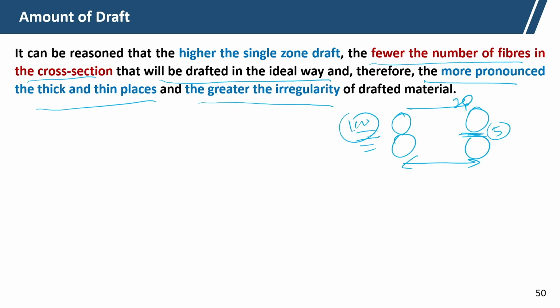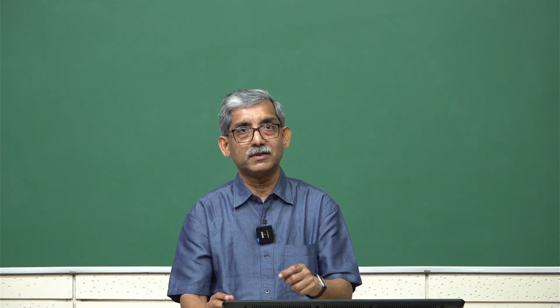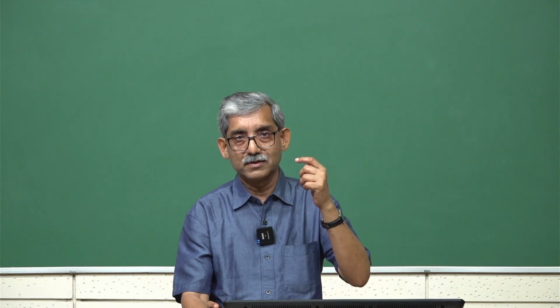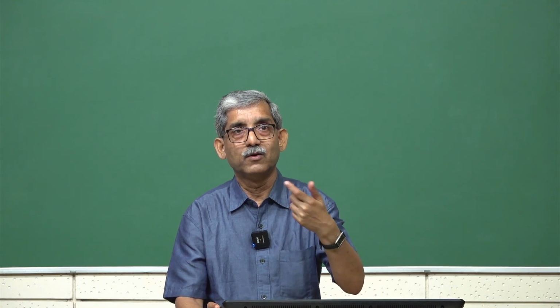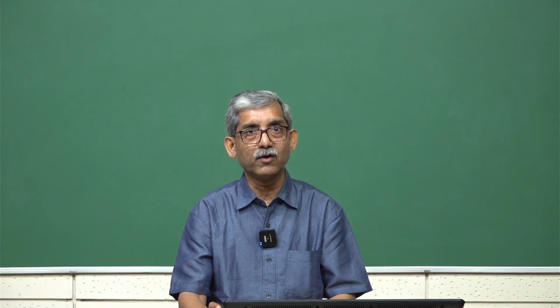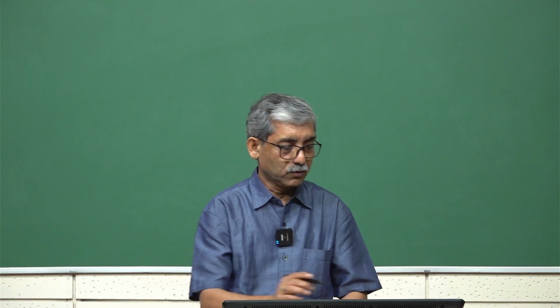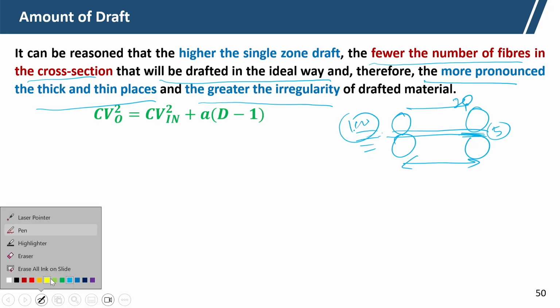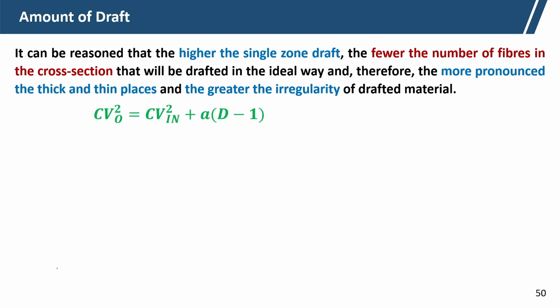So, what happens in a single zone: if we try to draft at a very high rate, then due to the fewer fibers in the cross section, the drafting wave will be generated, thick and thin places, and greater irregularity. We can see the equation here.